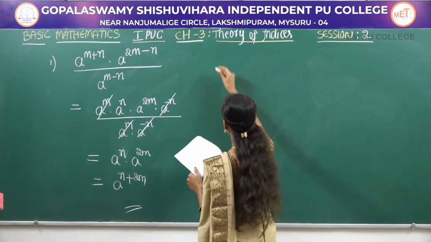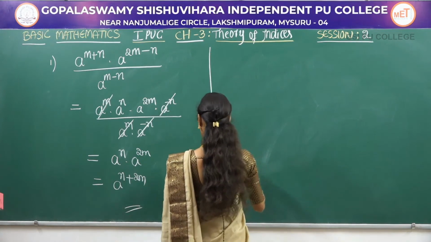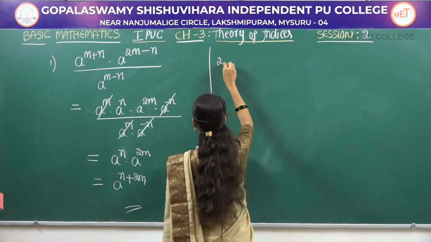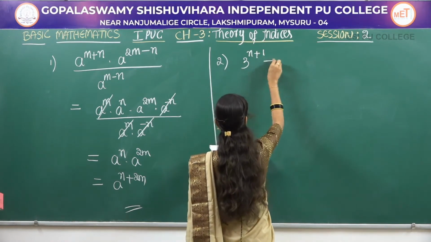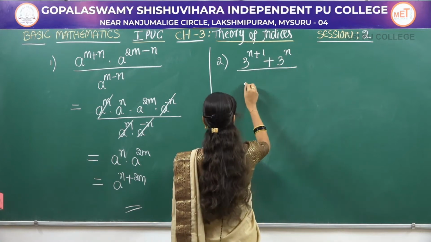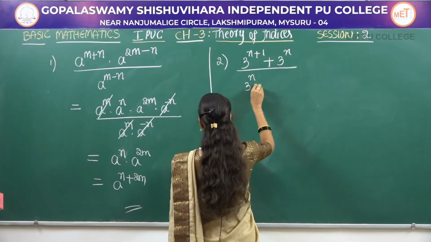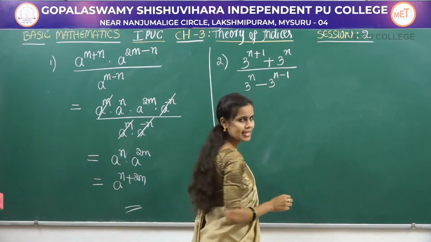Simplify: 3 to the power of n plus 1 plus 3 to the power of n, whole thing divided by 3 to the power of n minus 3 to the power of n minus 1.